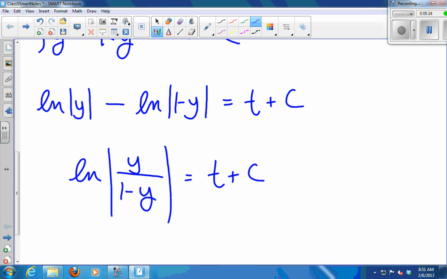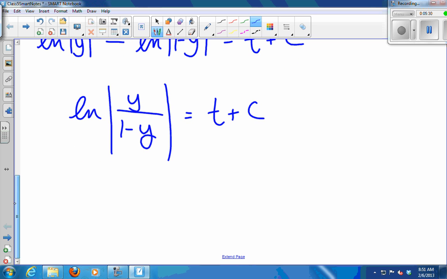Okay. So then, to get rid of the ln, because we're trying to solve for y, raise e to both sides. On the left side, I'm just going to have y over 1 minus y, because e to the ln of some stuff gives you the stuff. And then this is going to be e to the t plus c.